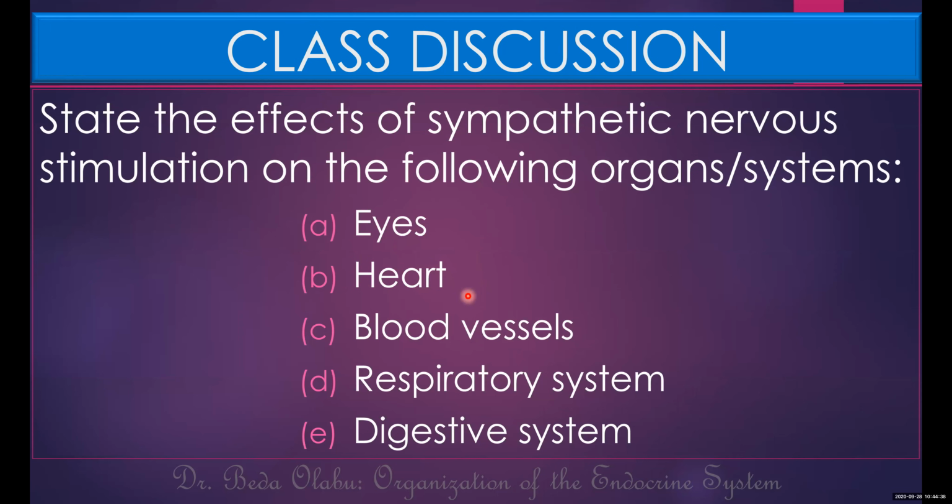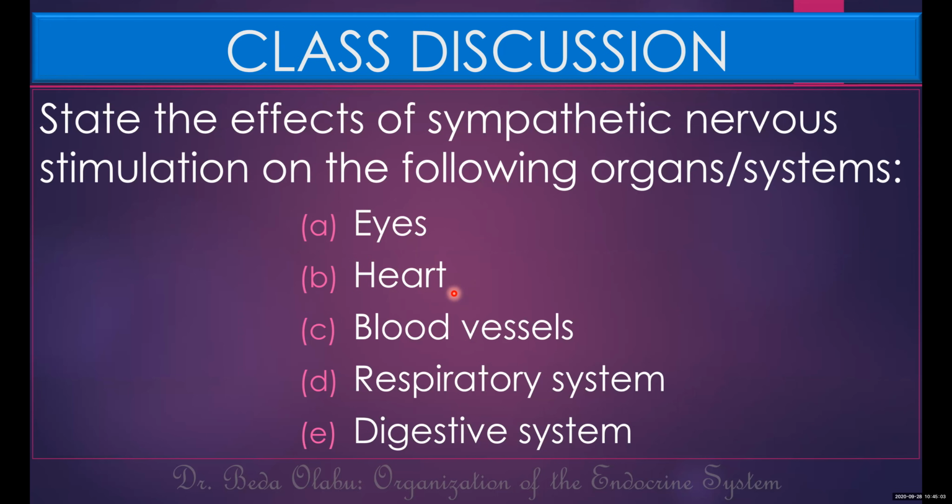The reason is that there's increased heart rate, and also because of the contractility. If you increase contractility, you're going to increase the stroke volume. So you're increasing stroke volume, then you're increasing heart rate. It means you're increasing cardiac output, because cardiac output is a function of stroke volume and heart rate.